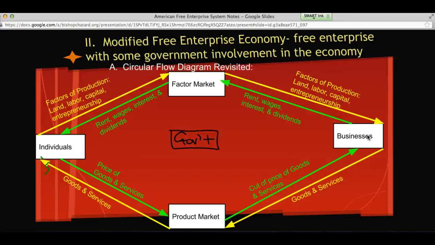Now, here's the thing though, in order to provide that product, the government has to take from the factor market and the product market. So here's where you're going to use your colors, okay? So my colors, I should have made my yellow lines blue. I'm sorry.